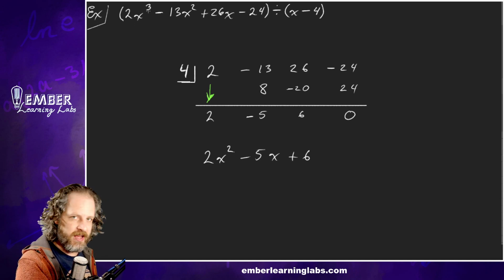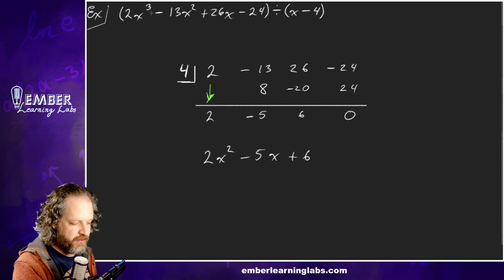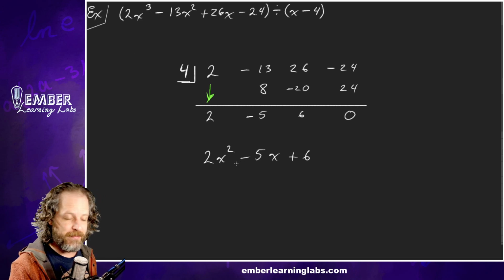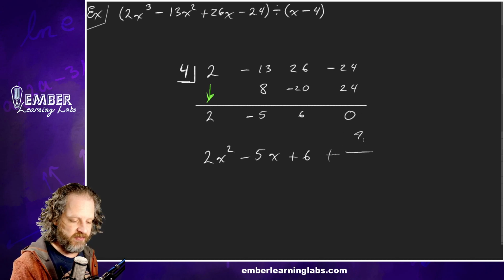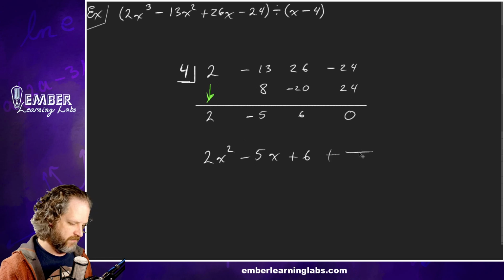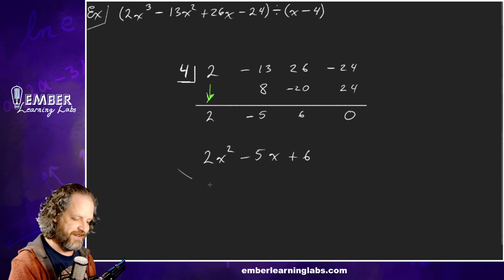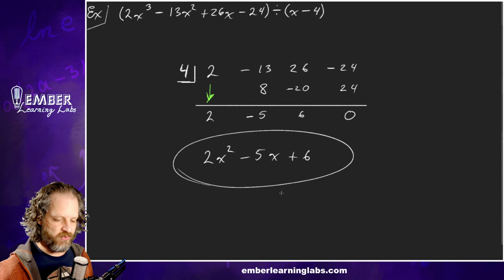So instead of a third degree polynomial, it's a second degree polynomial: 2, 1, 0. There's no remainder because we got a 0, so there's no plus anything over here. Easy peasy. Let's do one more and see what you think.